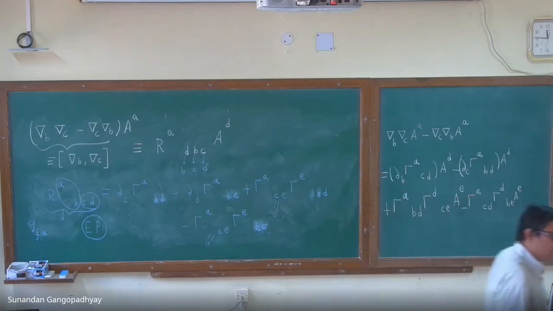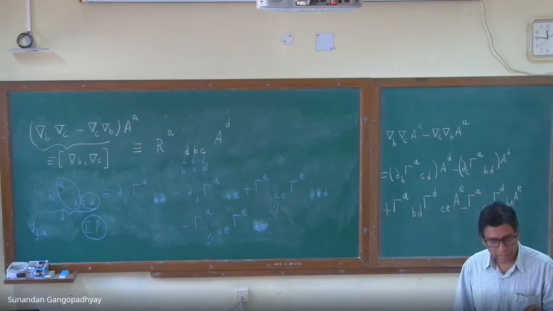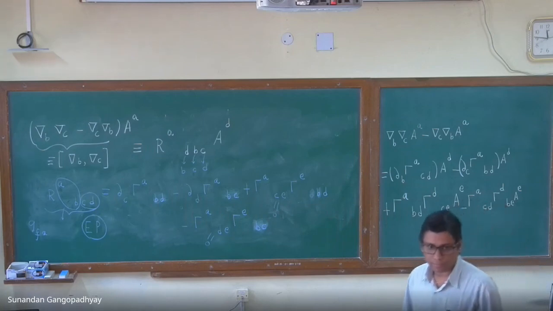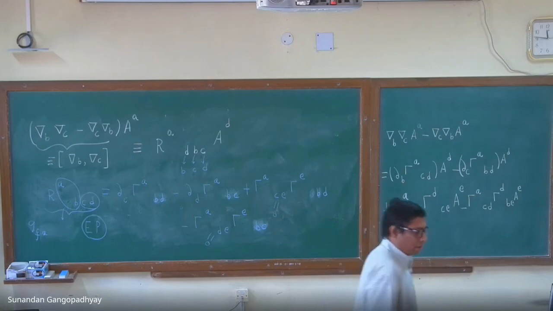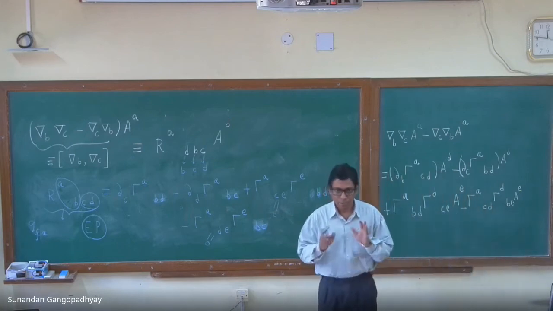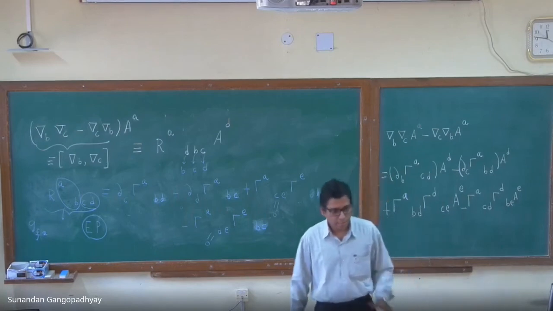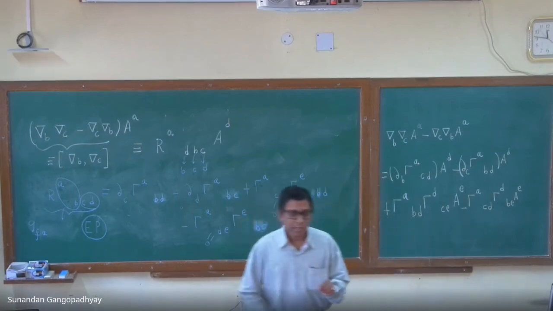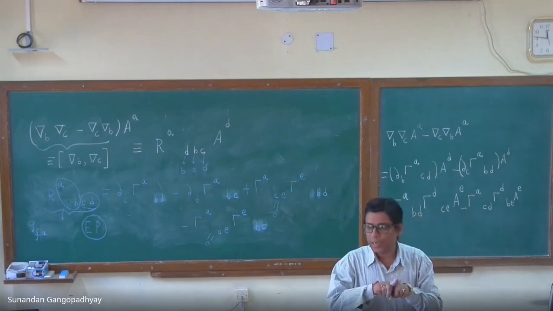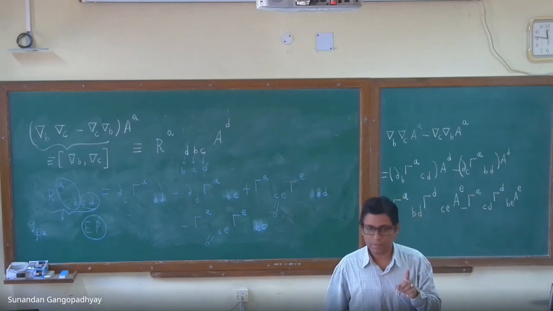If normal coordinates exist, which they do from the result of differential geometry, then at that point all the covariant derivatives become partial derivatives.